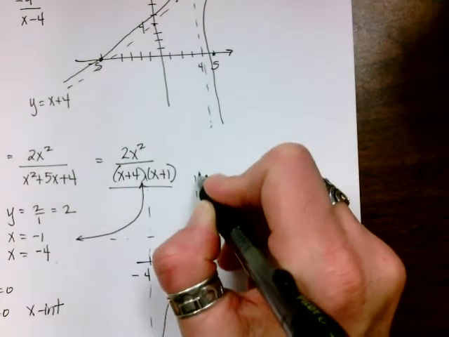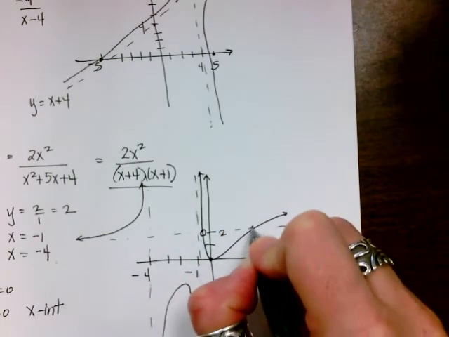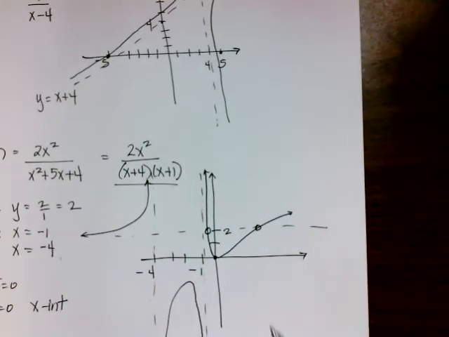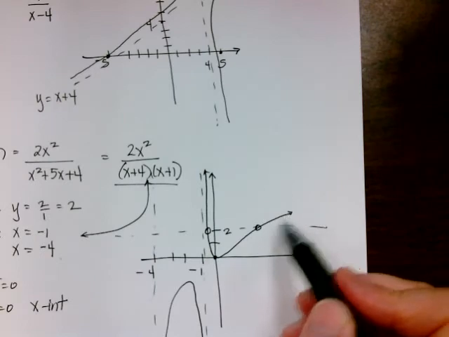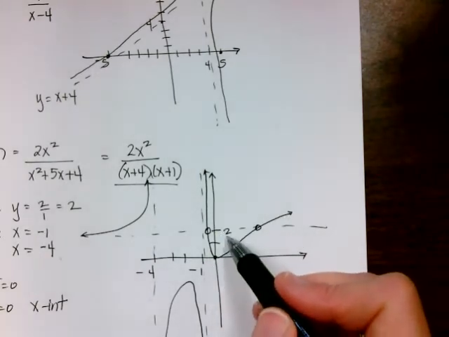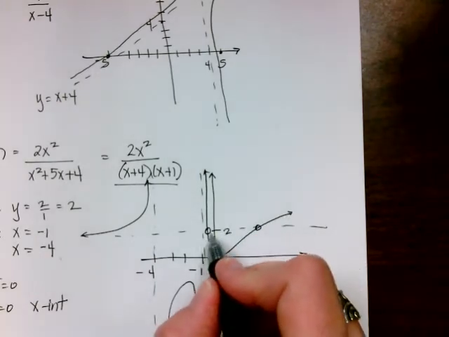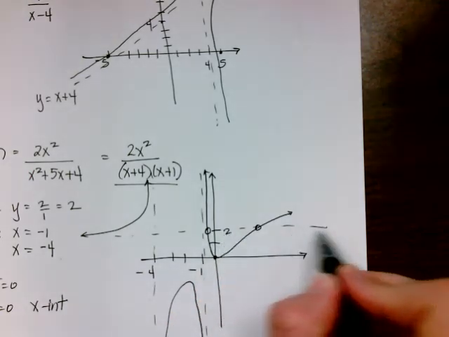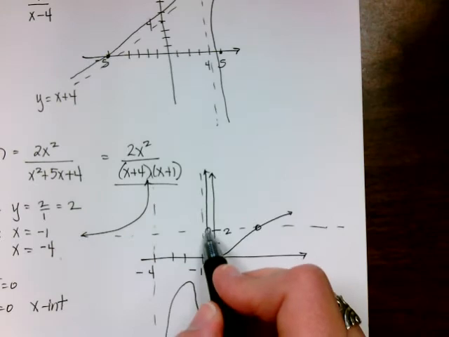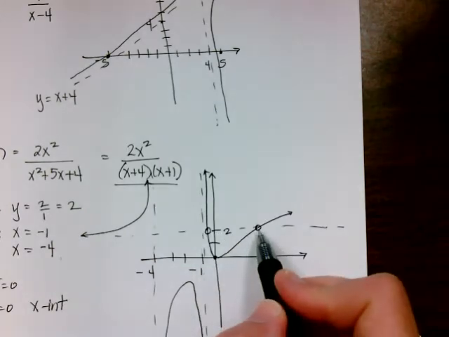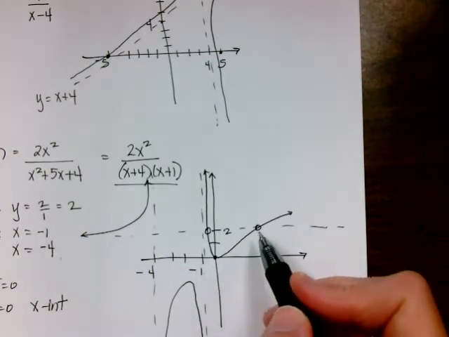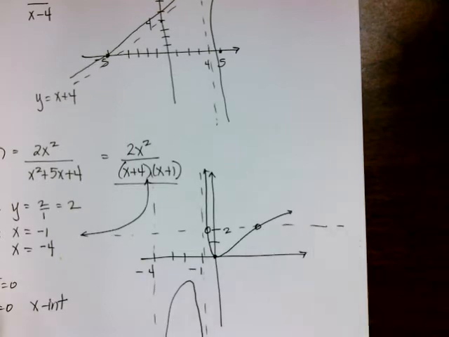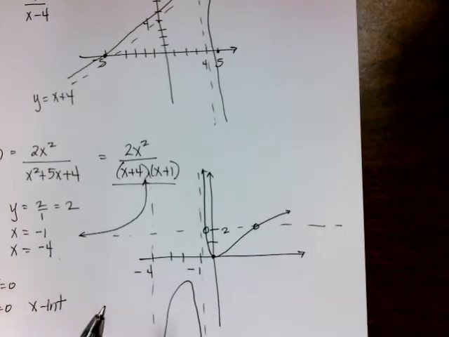So notice that, and I put open circles there, my graph actually goes across this horizontal asymptote, but it creates a hole at that point. So since it's crossing my horizontal asymptote, I actually have to put a hole there because at that point, the y values are undefined. Alrighty, so pretty cool looking graphs.